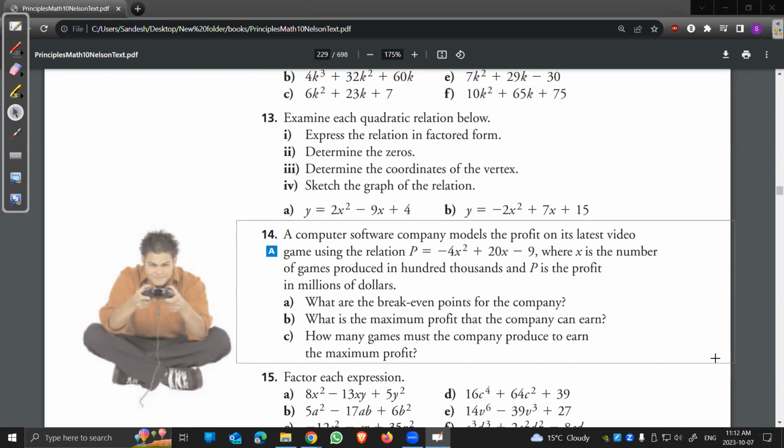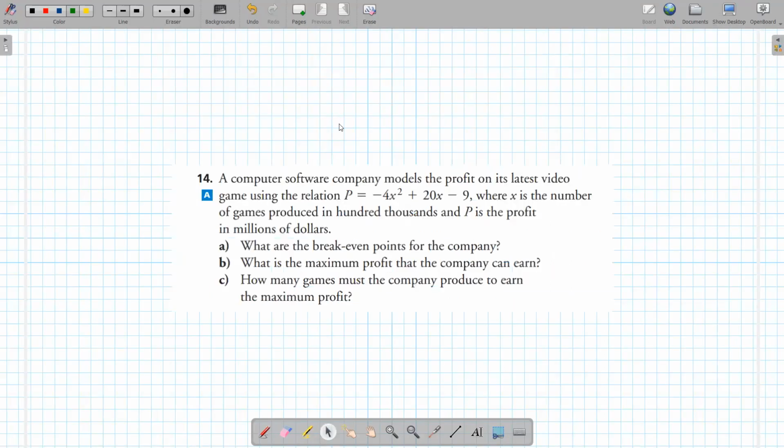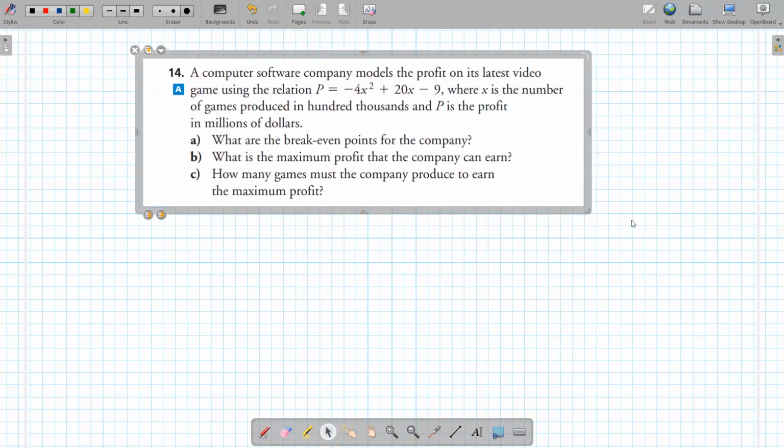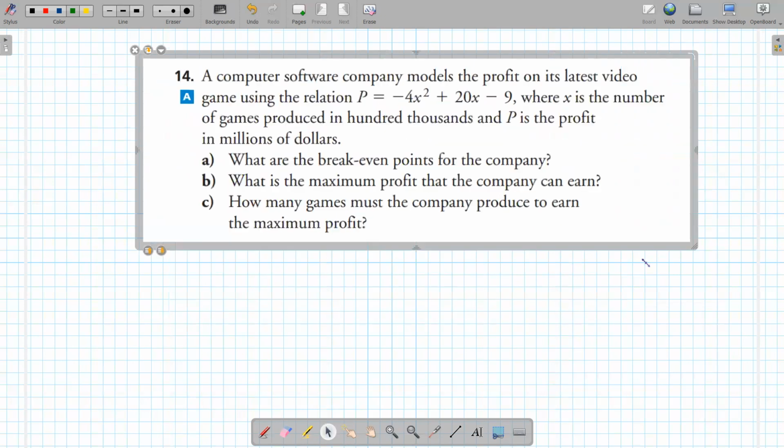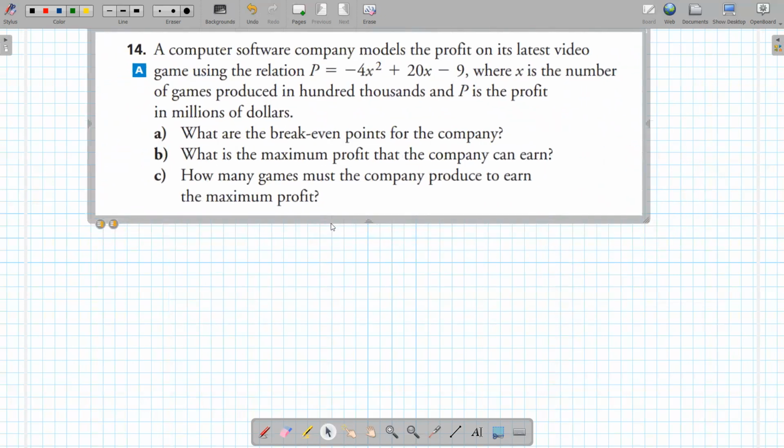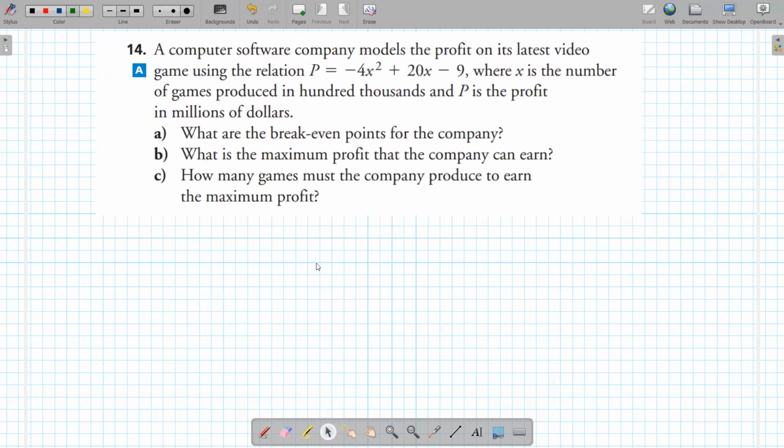Let's try doing this one. It's more like an economics question, but it's a quadratic basically. It's not that complicated. Now they've given us an equation where P is profit and X is the number of games produced.